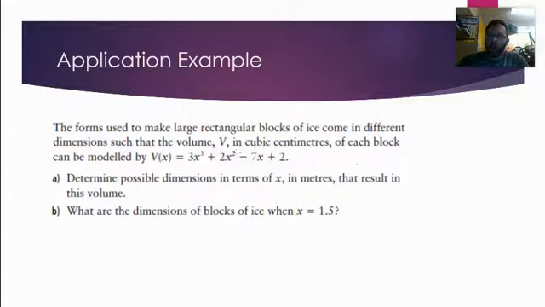It's an application example similar to one we've done before, but we haven't actually done any examples where the leading coefficient is not 1. So I want to give you guys tips for how to look for factors in situations like this, because our integral zero theorem doesn't apply for these kinds of cases. So here we go. Our goal is to factor this volume expression into 3 factors that can represent length, width, and height.